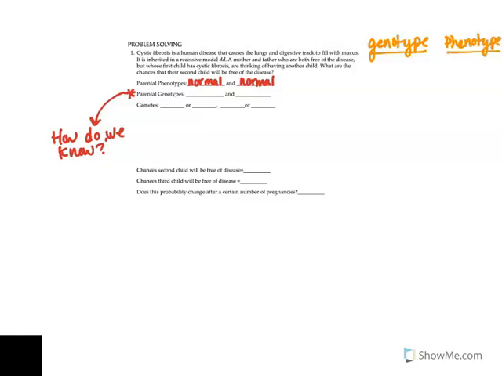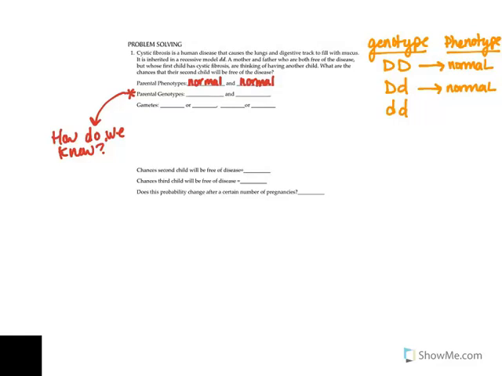I can have three different genotypes: homozygous dominant, heterozygous, or homozygous recessive. A homozygous dominant genotype, uppercase D, will be a normal individual. Heterozygous will also be normal. They have that dominant uppercase D right there, and that's going to mask the recessive.